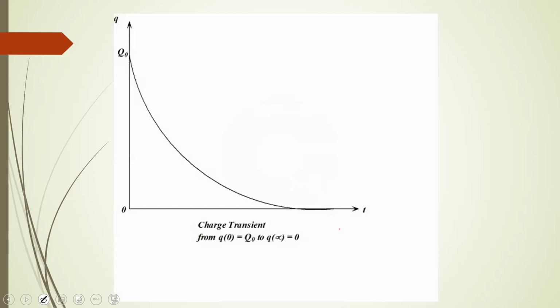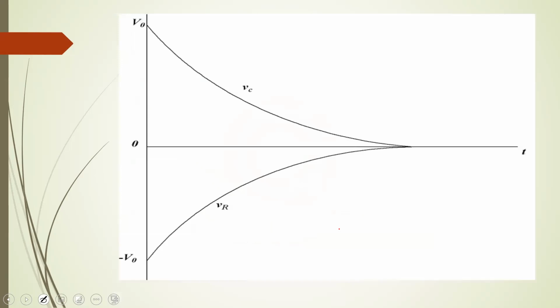So this is for Q. We have for the voltages across the capacitor and the resistor, which we expect to be equal and opposite, because whatever is across the capacitor will be across the resistor.